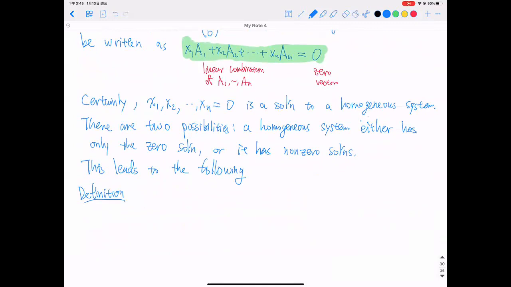Now, suppose V1, V2, up to Vp are m-dimensional vectors.